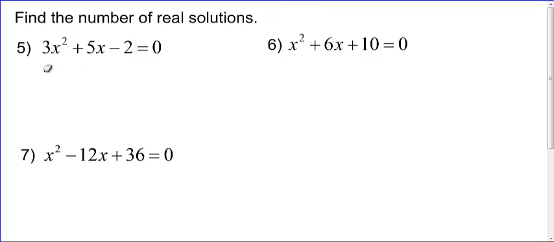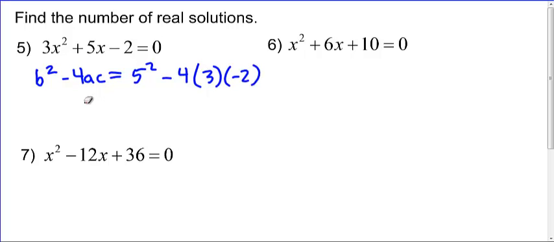So let's do that. All right, so we're going to just simply do b squared minus 4ac, and this will answer the question for us. So here we'll have 5 squared minus 4 times 3 times negative 2, which is 25. Now this term right here is minus, and then 4 times 3 is 12 times negative 2 is negative 24.